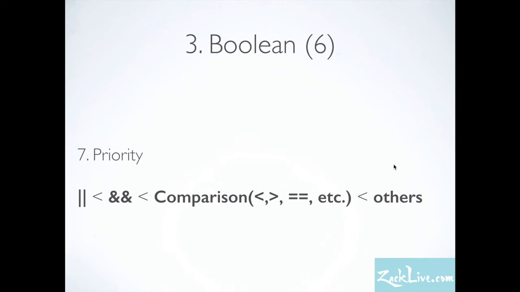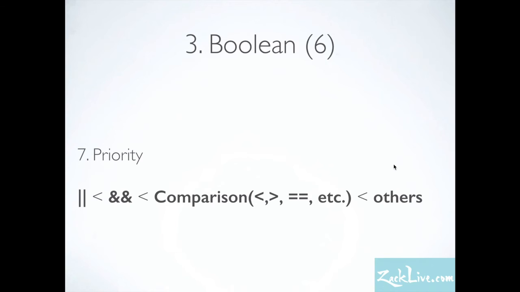Okay, what if you put all these operators in the same line? Which one will be performed first and which will be performed later? Just like the arithmetic operations, there are priority of these operators.